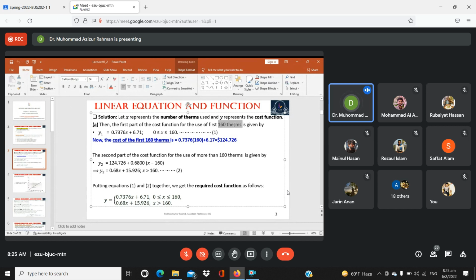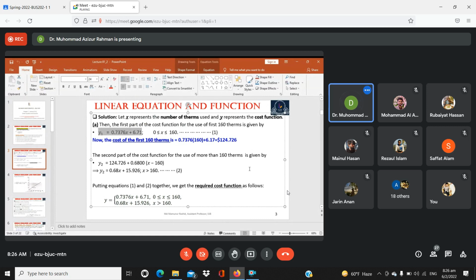For this, you are charged 73.76 cents per therm plus a fixed charge. So this will be your cost function.